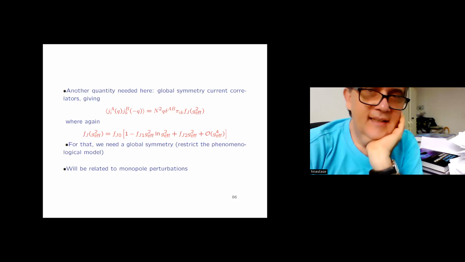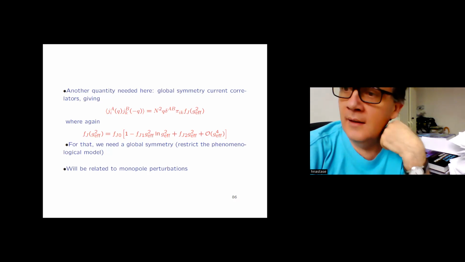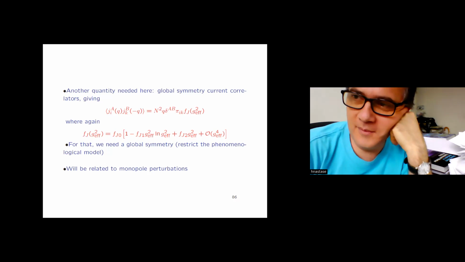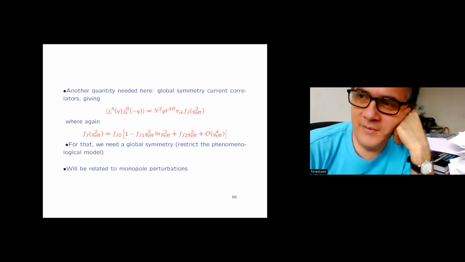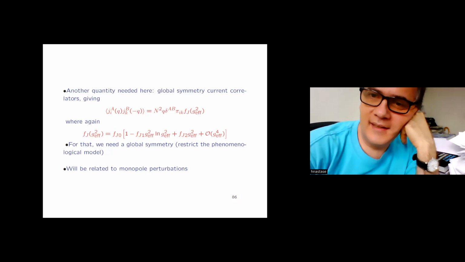Another quantity that is needed for the next idea that I'm going to present, the solution of the classic puzzles of Big Bang cosmology, is the global symmetry current correlator.